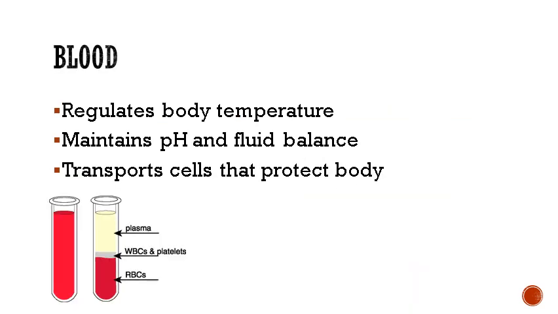Blood is really important for regulating body temperature. In your book, figure 27.1 is also helpful to look at to identify the different components of blood. So blood regulates body temperature. You'll notice if somebody's anemic or they have a low hemoglobin or those types of things, they tend to get really cold.